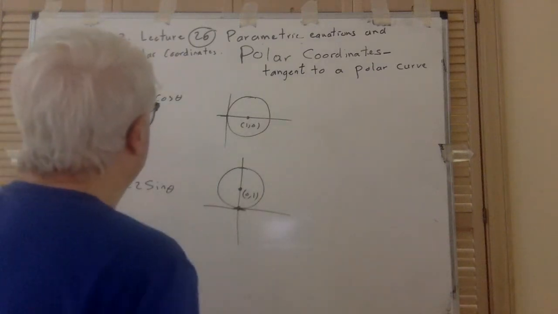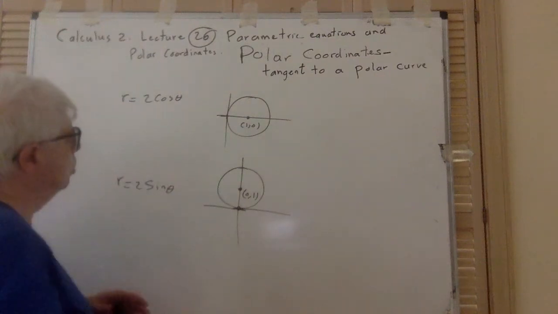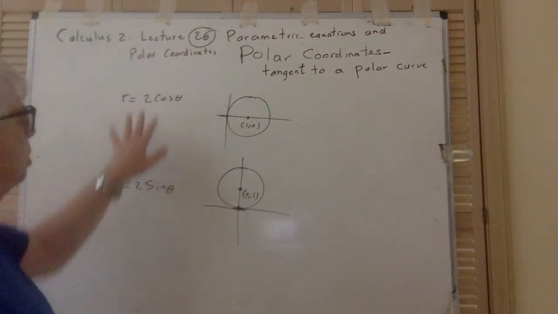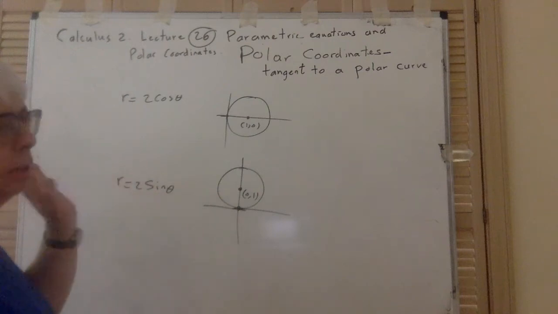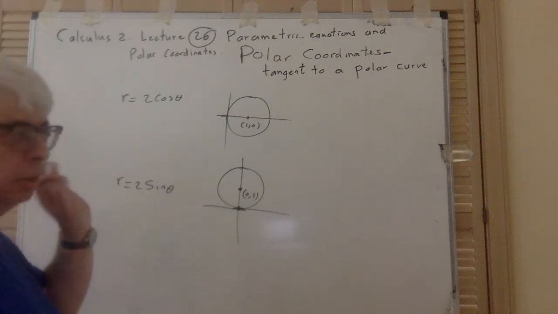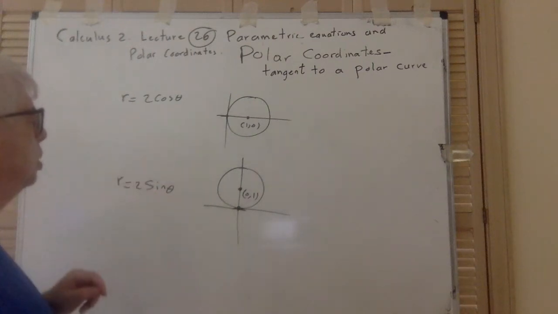Functions like this with sine and cosine, not sine 2 theta or n theta, I will tell you what they are. These are in fact circles.